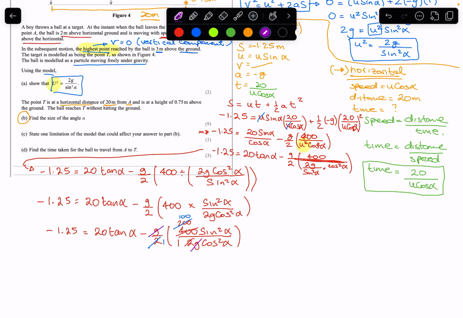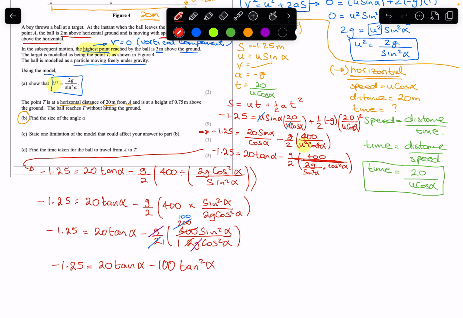I know there's lots of cancellation going on, so what came out of that is minus 1.25 is equal to 20 tan alpha minus 100, and sine squared alpha over cos squared alpha is the same thing as saying tan squared alpha.